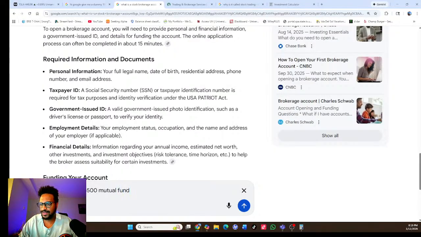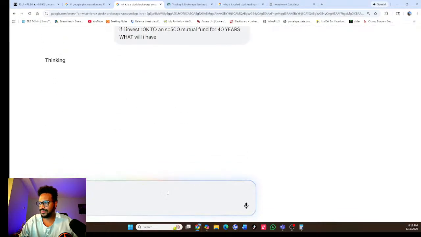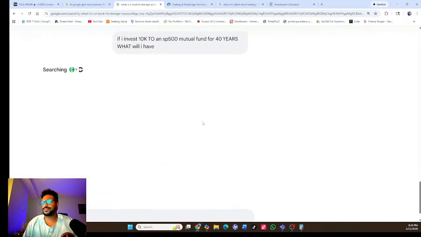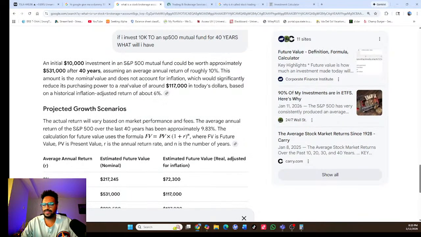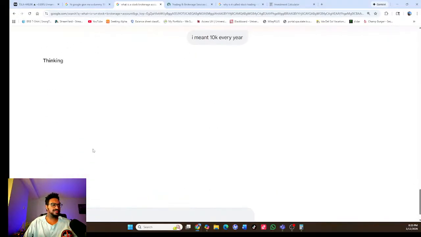If I invest 10K in an S&P for 40 years, what will I have? An initial $10,000 investment. No, I meant 10K every year. All right, sorry.